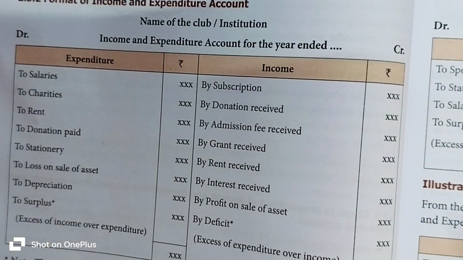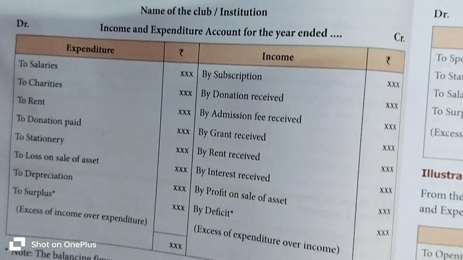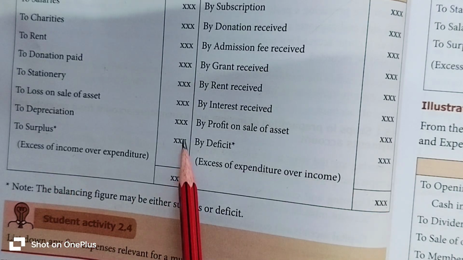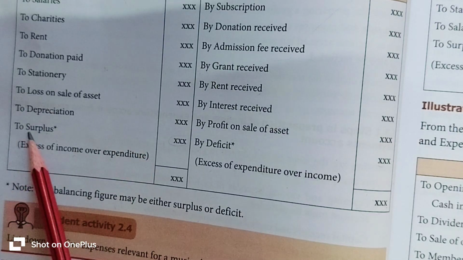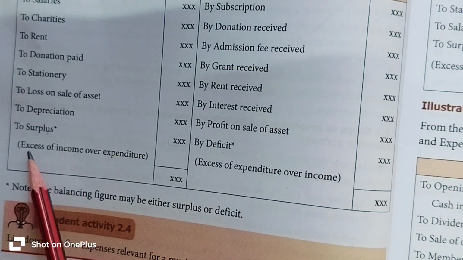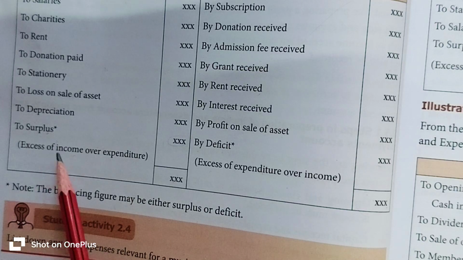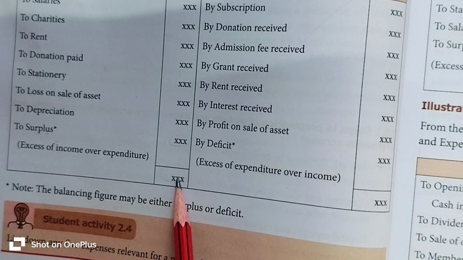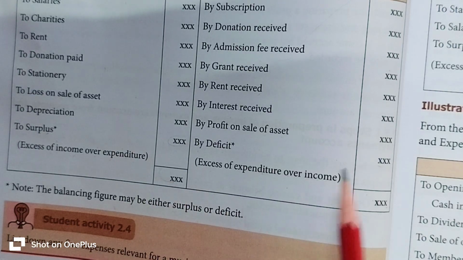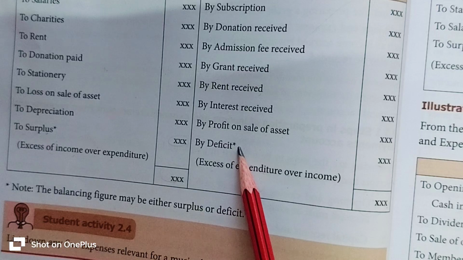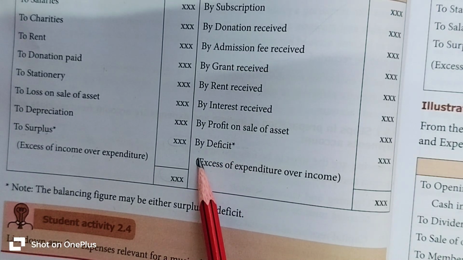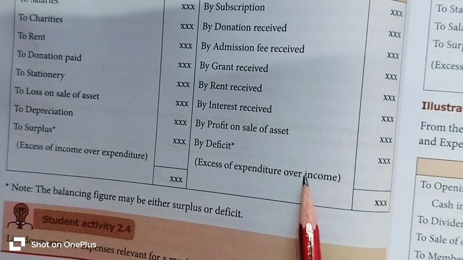If the total on the credit side is more than the debit side, the difference on the debit side represents surplus, and within brackets you write excess of income over expenditure. If the total on the debit side is more than the credit side, the difference on the credit side represents deficit, and within brackets you write excess of expenditure over income.